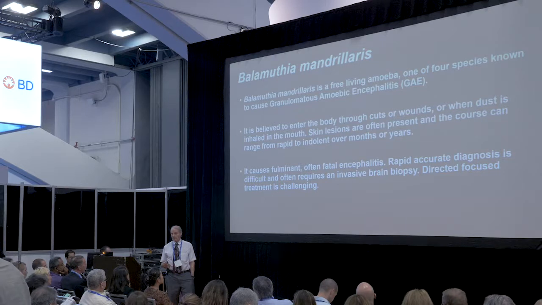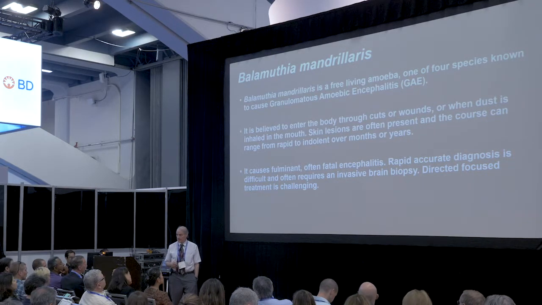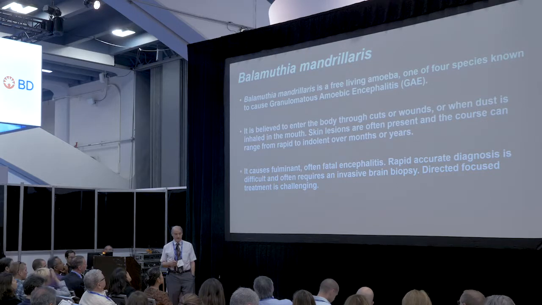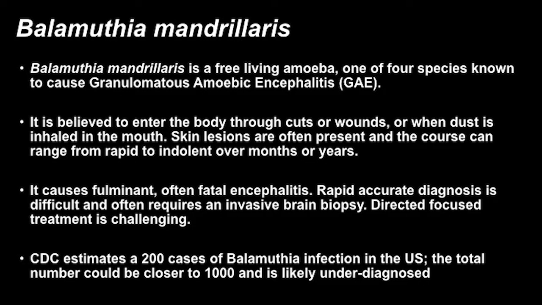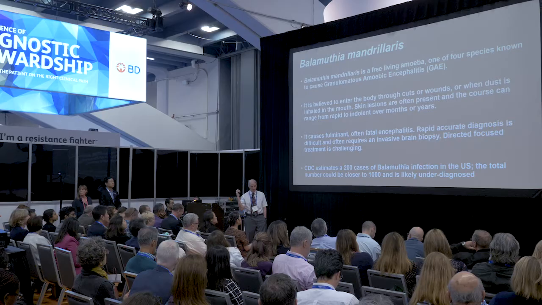It's hard to think of amoebae as causing brain disease like this case, and availability of a specific PCR is essentially non-existent. So Karius testing really was a big help in this case. And there have been about 200 US cases. And the CDC, and we all think that it's underdiagnosed, and there's probably a lot more.